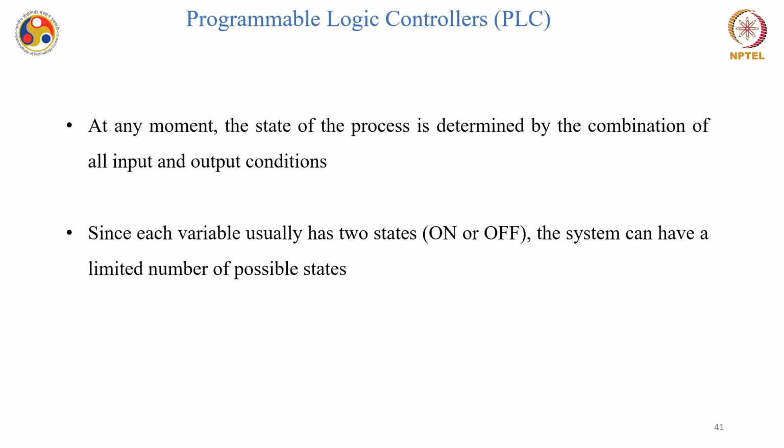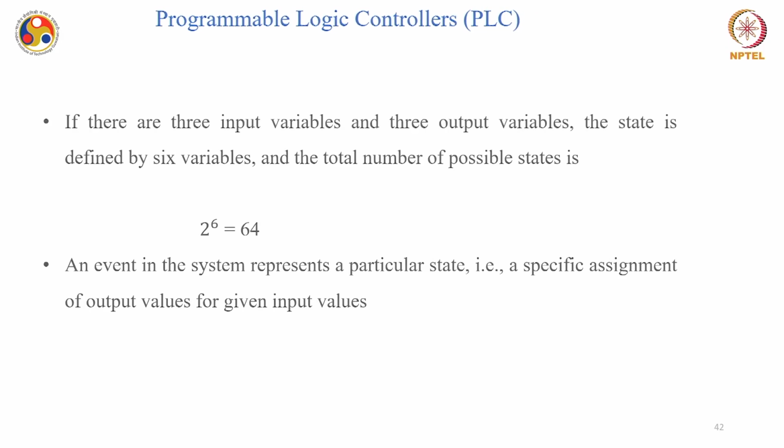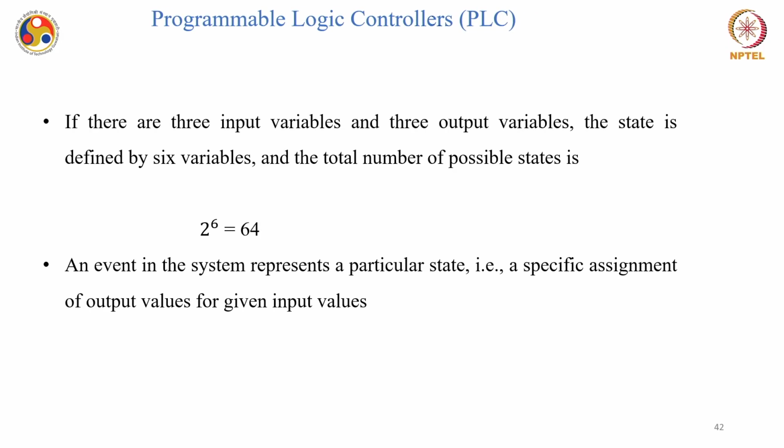Okay. At any moment, the state of the process is determined by the combination of all input and output conditions. Since each variable usually has two states, either on or off, the system can have a limited number of possible states. Say if there are 3 input variables and 3 output variables, the state is defined by a total of 6 variables, and the total number of possible states will be 2 to the power 6, or 64.